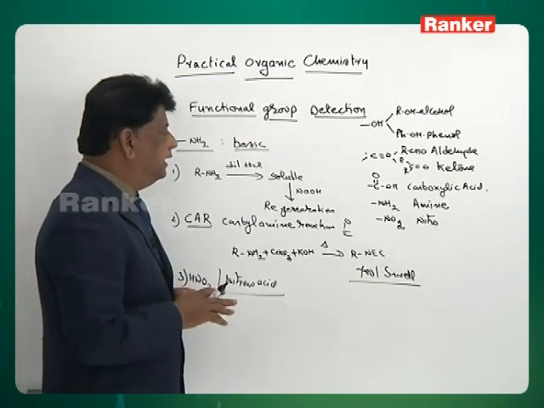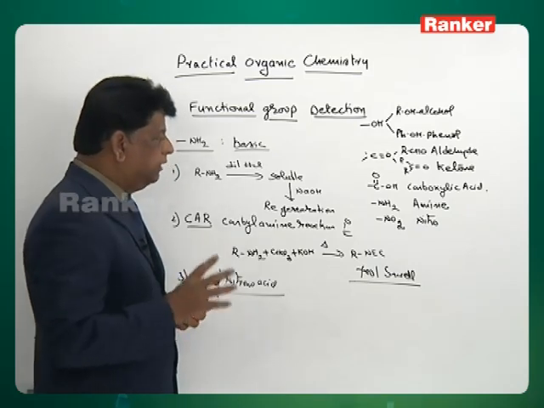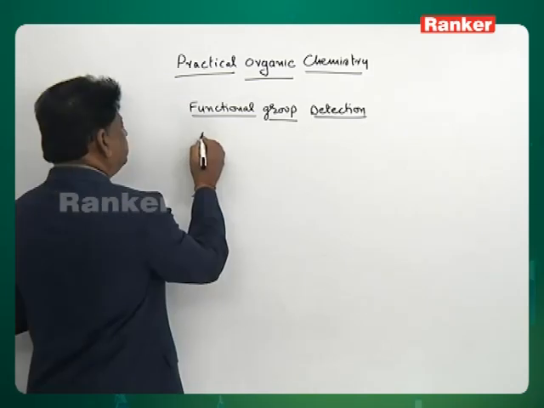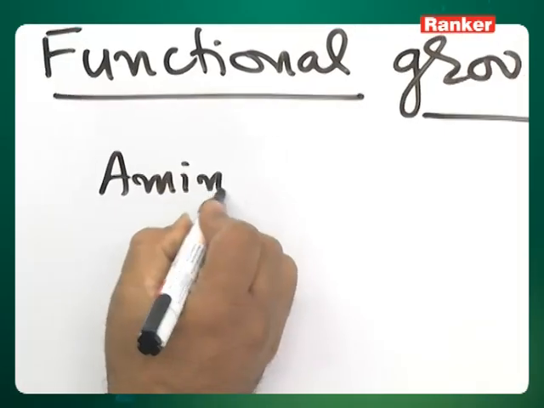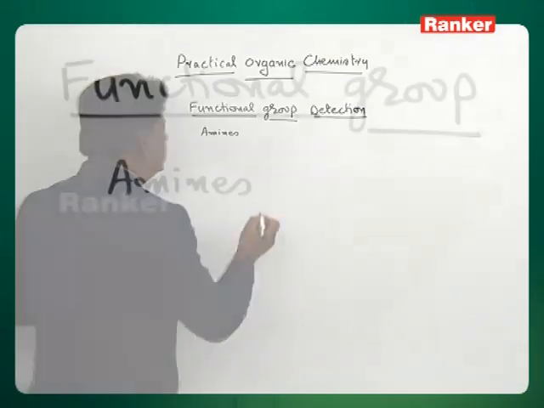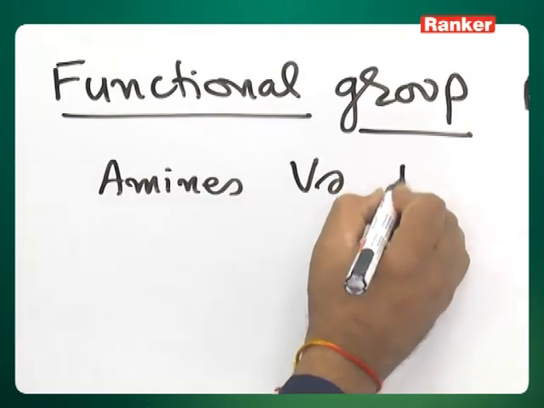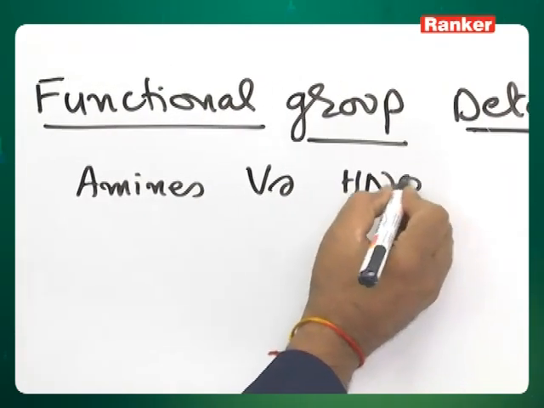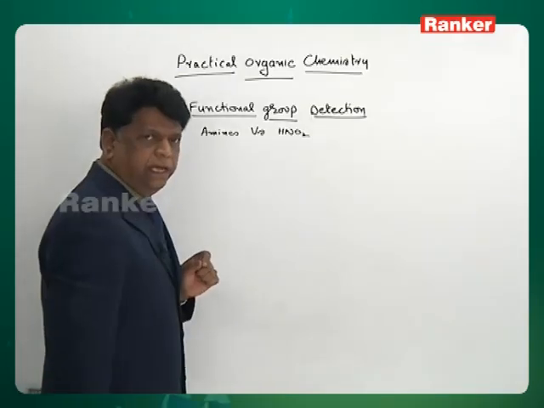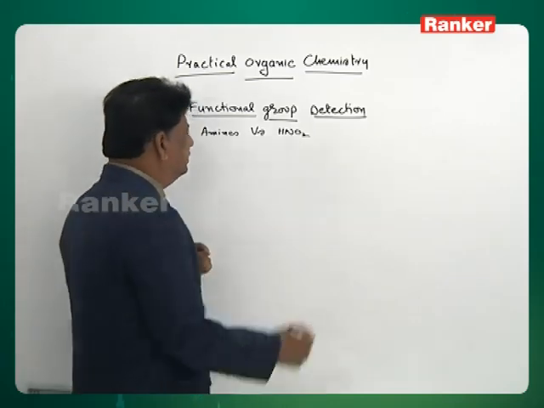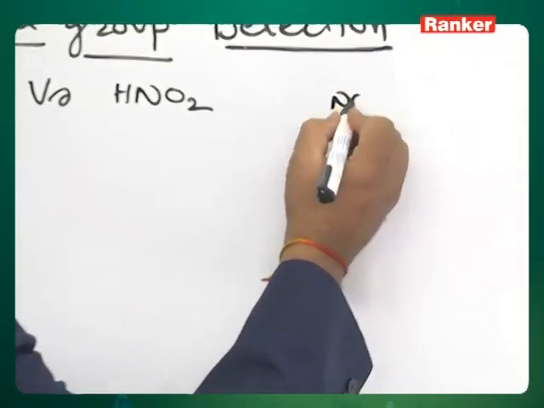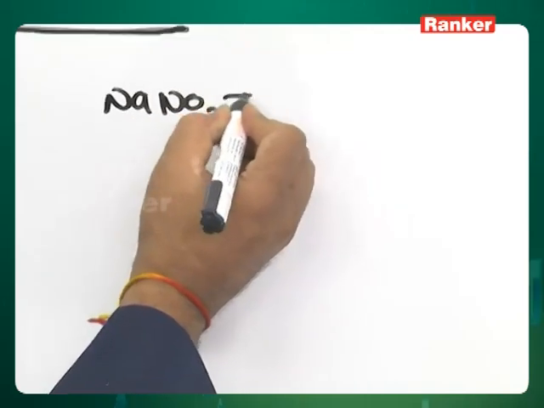Let us see the detailed test of amines with nitrous acid. So, let us take amines versus nitrous acid, HNO2. HNO2 is an unstable acid which is immediately prepared by taking NaNO2 and HCl.